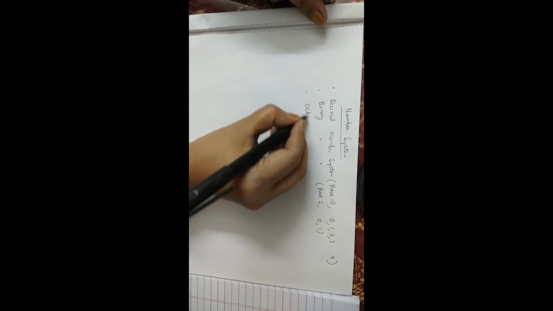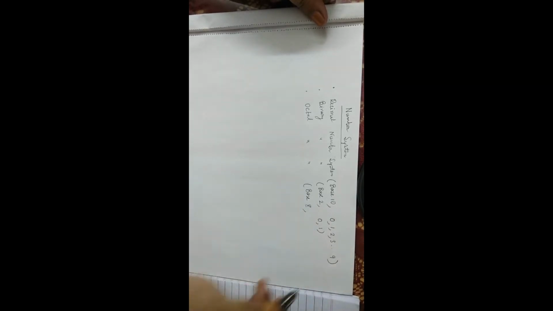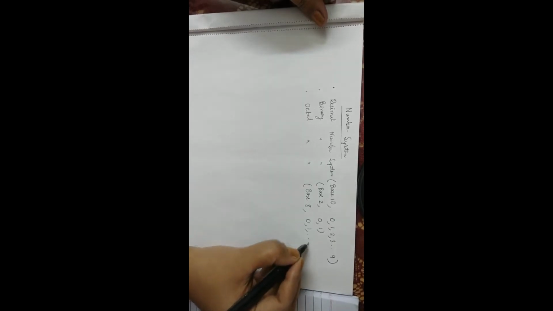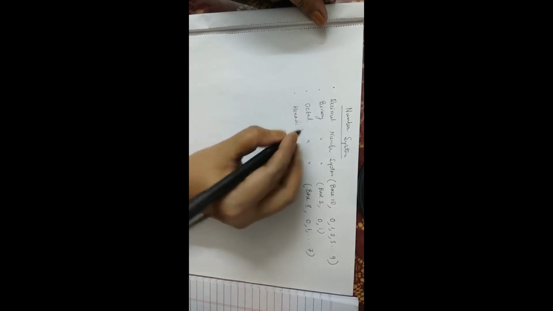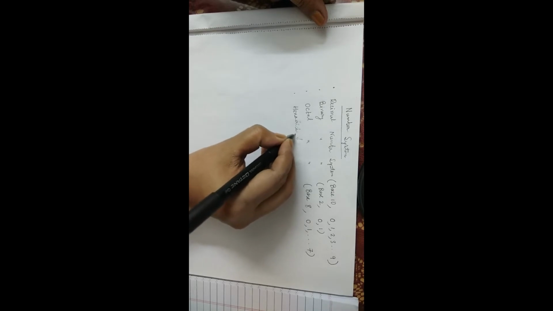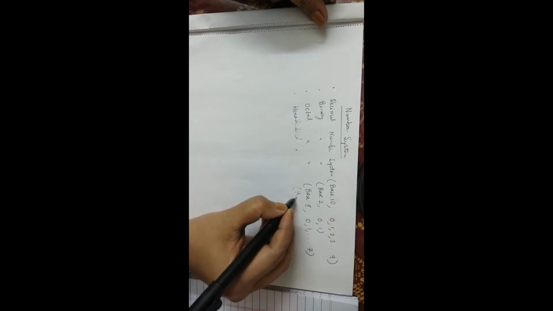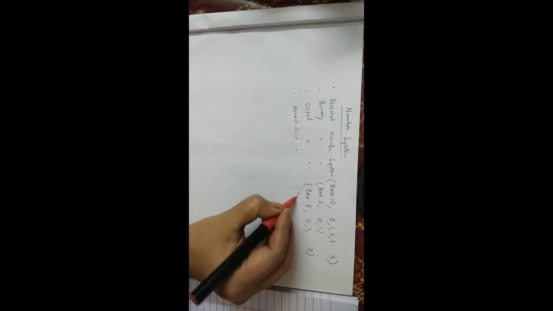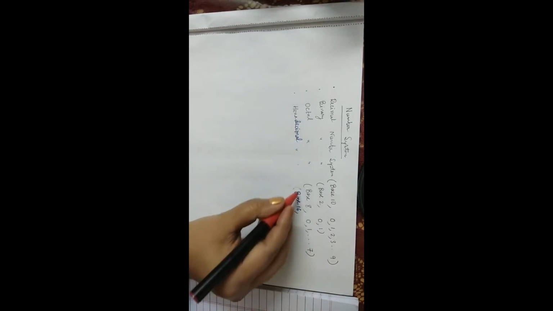Next one is the octal number system. In the octal number system, the base is 8, starting from 0 to 7. Okay? And the fourth one is the hexadecimal number system, having base 16: 0, 1, 2 up to 15.